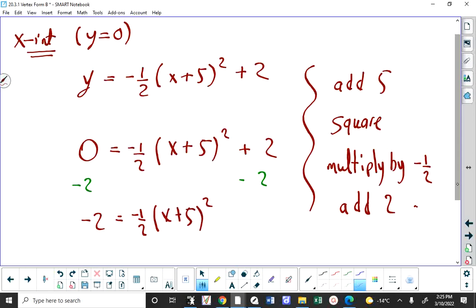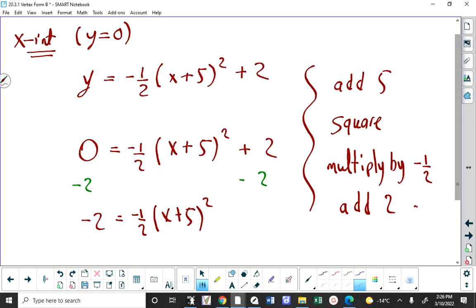And then I have to undo multiplying by negative 1/2, which means I have to divide by negative 1/2. There's better ways to do this. For example, I would just change the signs on both sides and multiply both sides by 2. But then my 4-step procedure becomes more complicated to explain.